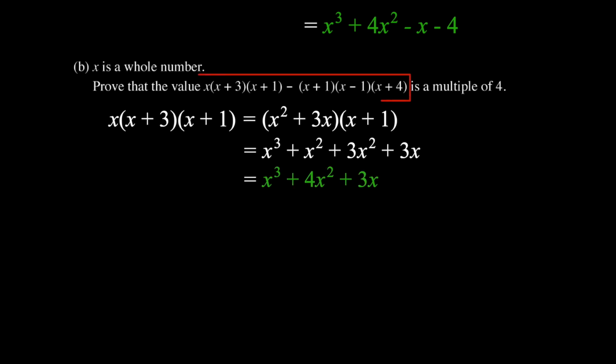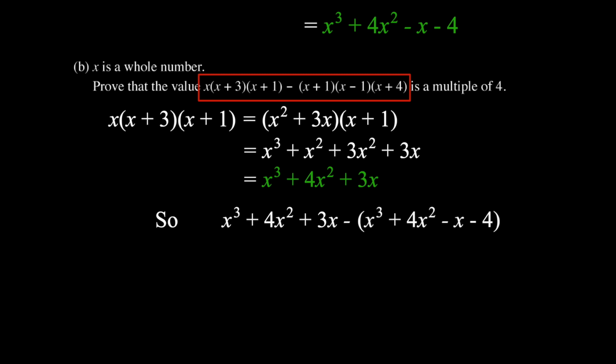Now let's simplify the whole thing, substituting in our simplified expressions. So we're going to rewrite this as x cubed + 4x squared + 3x, subtract, and I'll write this in brackets, (x cubed + 4x squared - x - 4). And this of course is the expression up here.